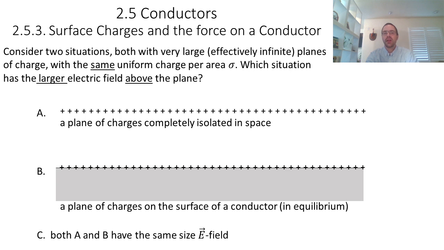Or is it the same in both cases? If you are stuck here, consider a Gaussian surface, for example, a box that has its top and bottom surfaces above and below a patch of the charged surface.